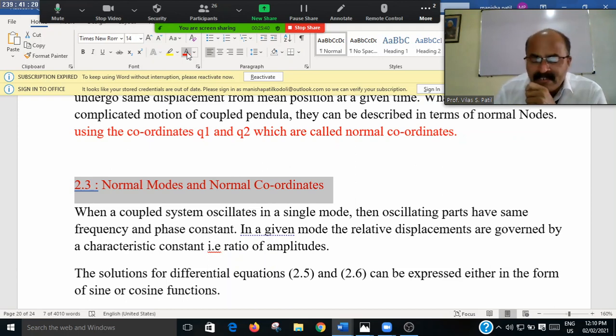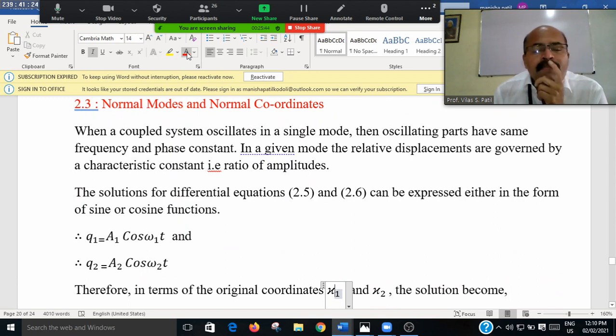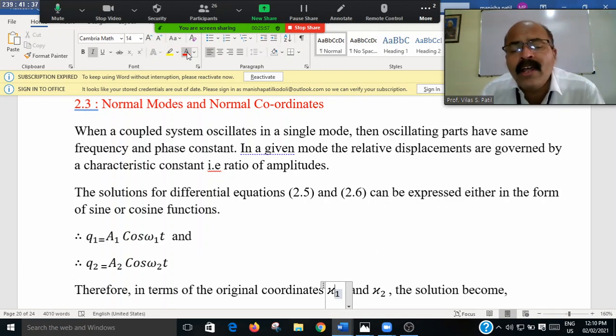When a coupled system oscillates in a single mode, the oscillating parts have the same frequency and the same phase constant. In a given mode, the relative displacement is governed by the characteristic constant, or the ratio of the amplitudes. Here we are going to calculate the ratio of the amplitudes of the two oscillatory systems in coupled oscillation.